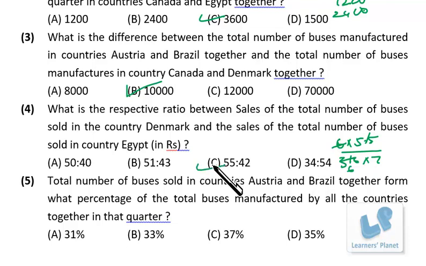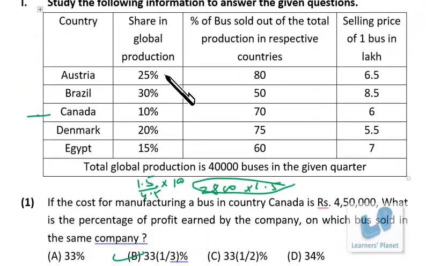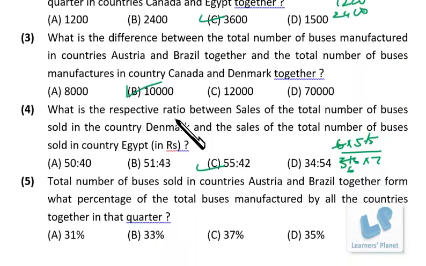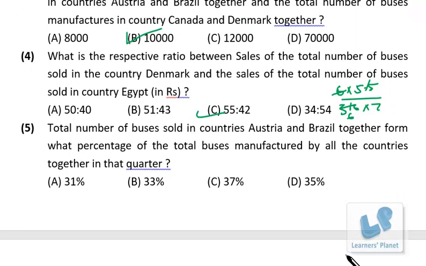55 by 42. Total number of buses sold in country Austria and Brazil together form what percentage of the total buses manufactured by all the countries together in that quarter? Okay, Austria and Brazil is 30 and 25, 55%. I'm sorry, we have to find out of the sold actually.